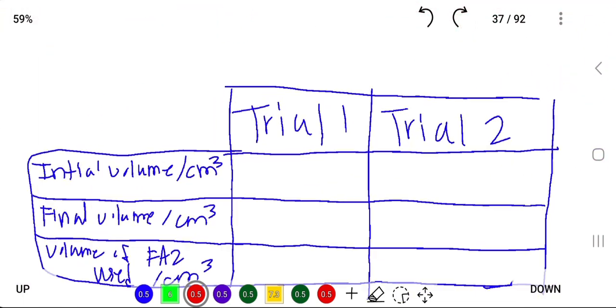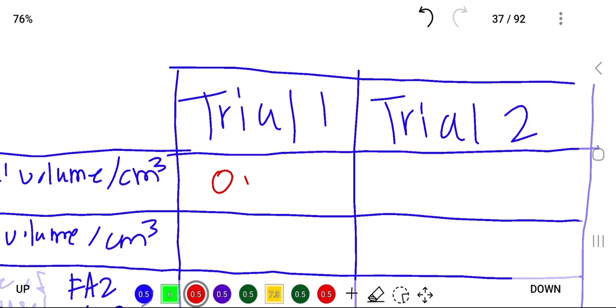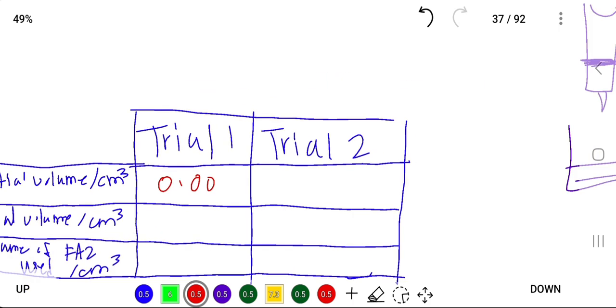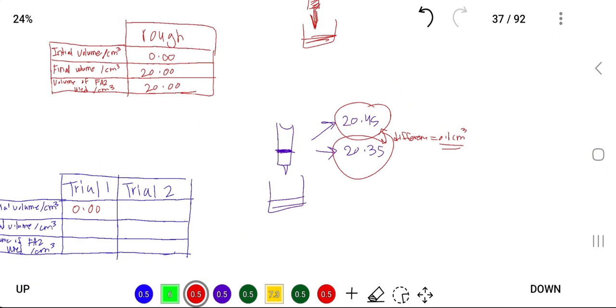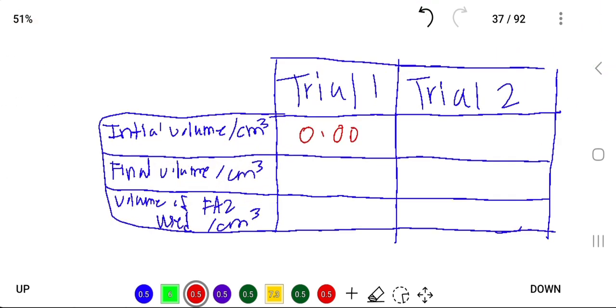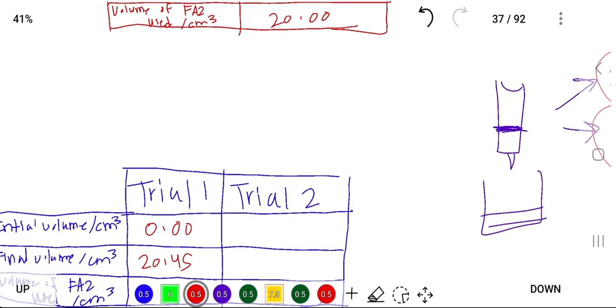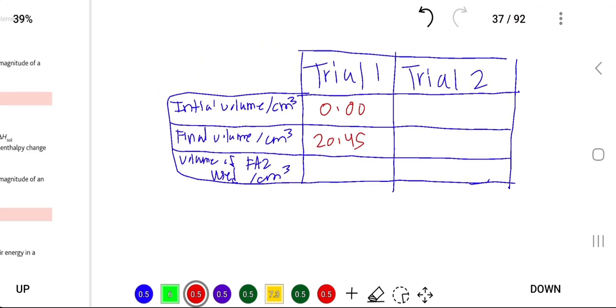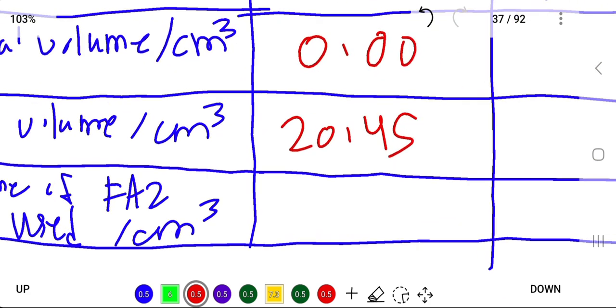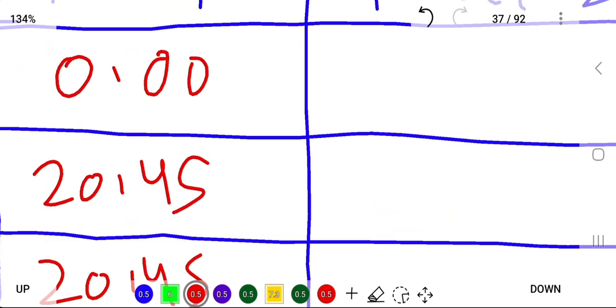So initial volume is 0.0 again, 2 decimal places. The final volume of trial 1 we said is 20.45. And the volume of FA to use is the difference between them: 20.45 minus 0 is 20.45.